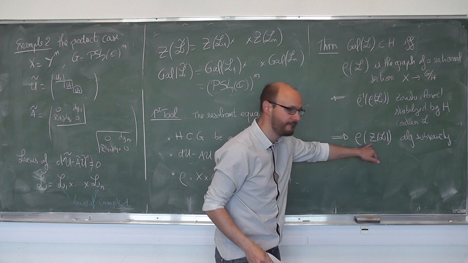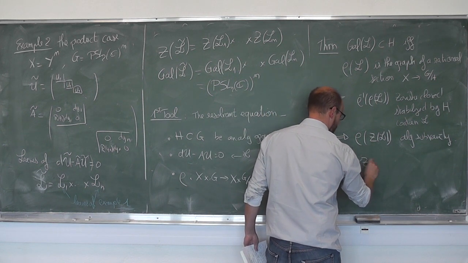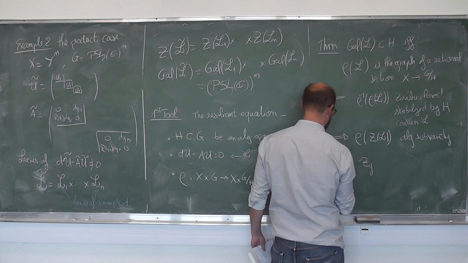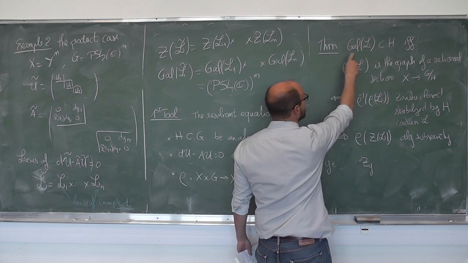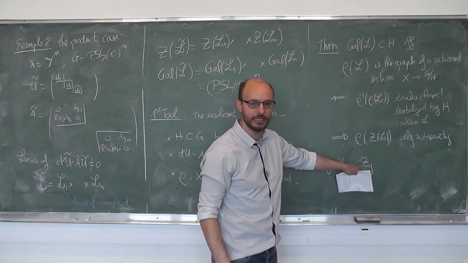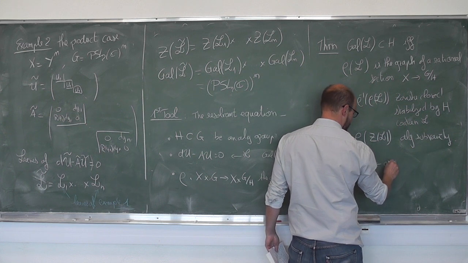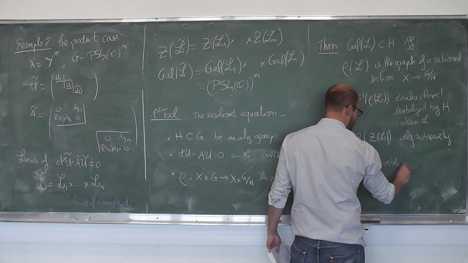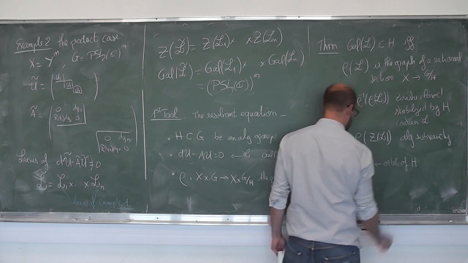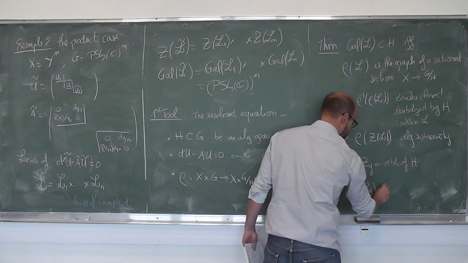But if you look at the fibers of this over some point y in x, these are H orbits of H. So the rho of Z of y is a point.